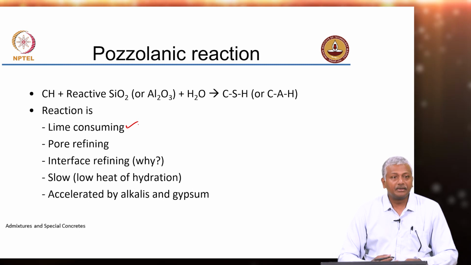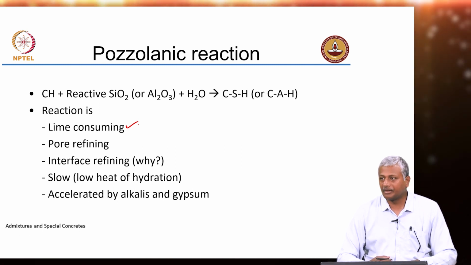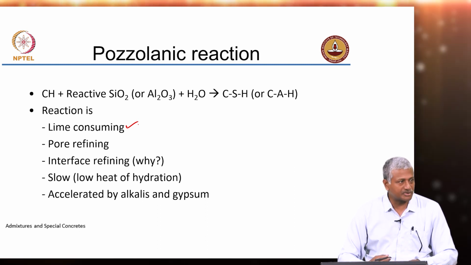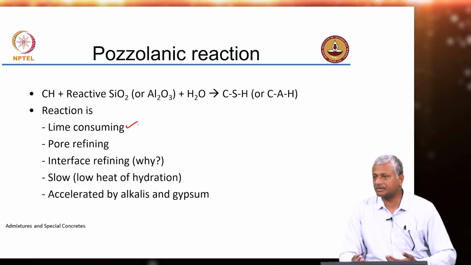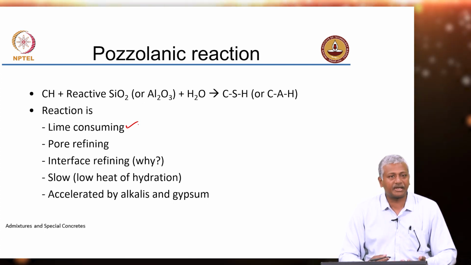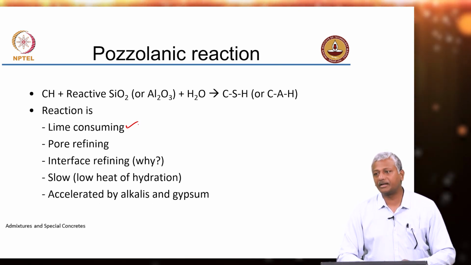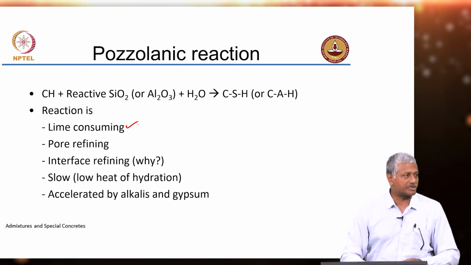And this is also accelerated in the presence of alkalis and gypsum. So, if you put in significantly high amounts of alkalis and gypsum in your system, this reaction will happen fast. Of course, when cement is mixed along with the pozzolan, the alkalis and gypsum also come from the cement. So, higher alkali content in cement will also promote the pozzolanic reaction.